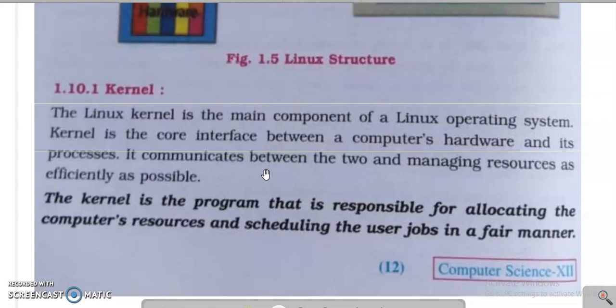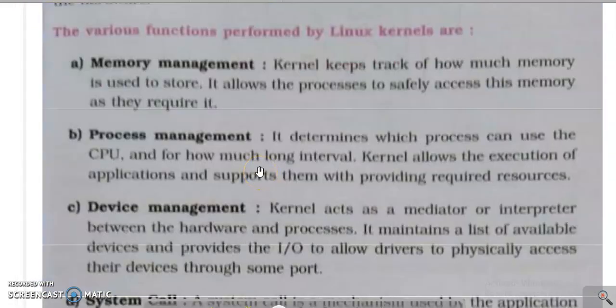The command that the user gives to a computer is in high level language, but the computer always understands a low level language, but then comes the kernel in between and it translates the HLL to LLL. So this is how it works. Kernel is a program that is responsible for allocating the computer resources and scheduling the user job in a fair manner. Now let us study the various functions a Linux kernel can perform.